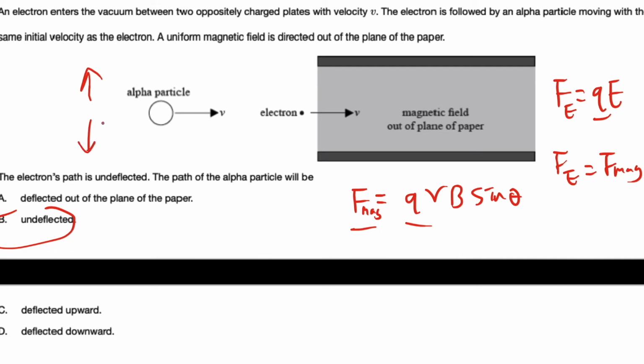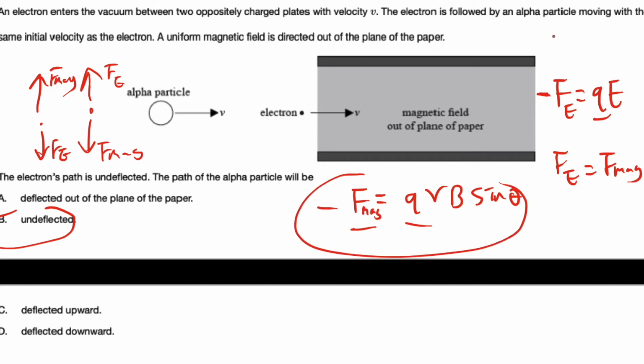Let's say this is Fe, this is Fb, the force due to the magnetic field, and now you are just saying, oh, the charge here is positive, so the direction will simply be reversed. So you don't really need to do a bunch of force analysis. As long as you realize this, you can just solve the problem.